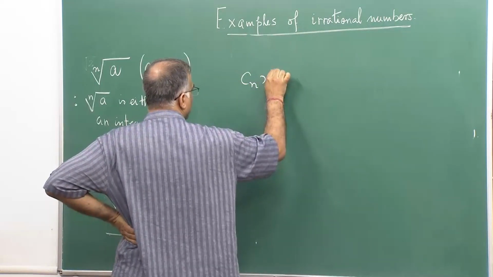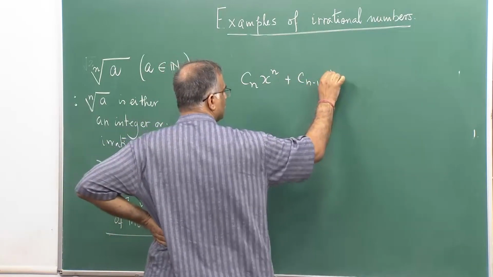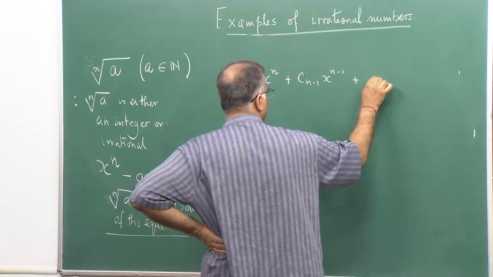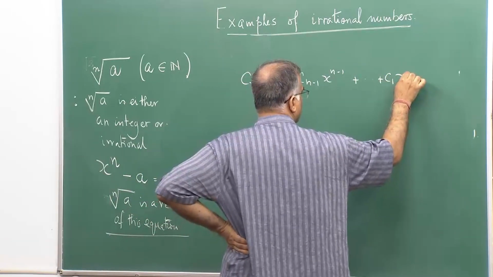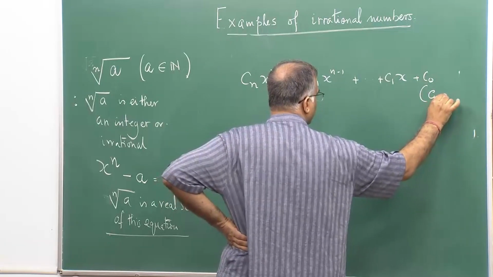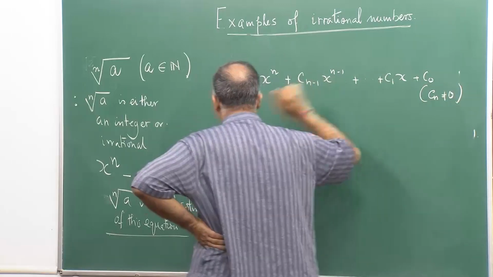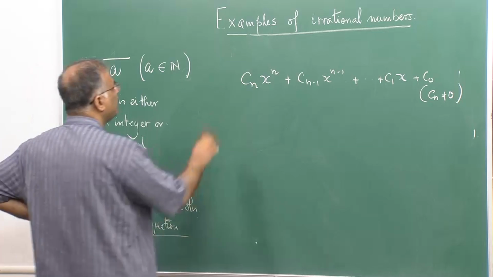A polynomial of degree n. The power progressively goes down to C1 x to the power 1 plus C0, and Cn is not equal to 0, because if Cn is 0, then it becomes a polynomial of degree n minus 1. It is a polynomial of degree n.